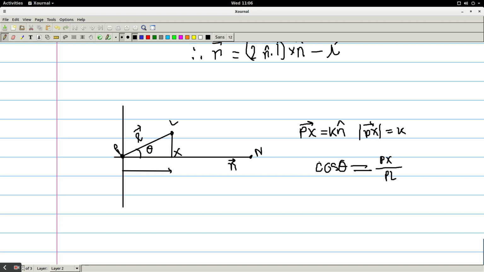So this is a scalar component, and if you want to play with this, you cannot just write them as vectors. You have to have scalar values as well. So what's Px is nothing but the length over here. What is PL is the length of this vector L.